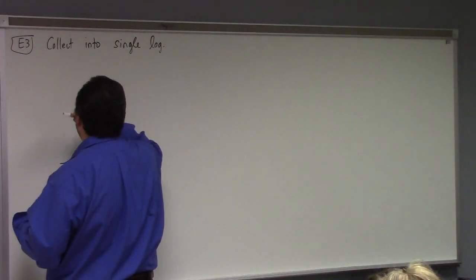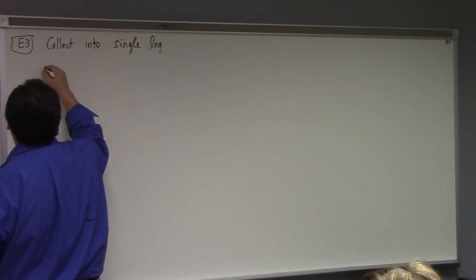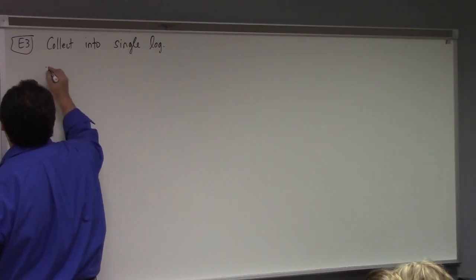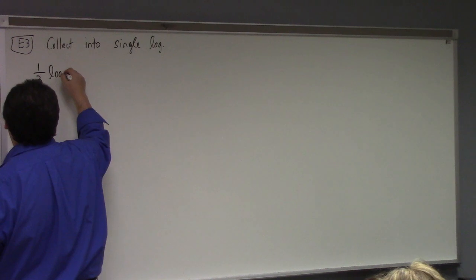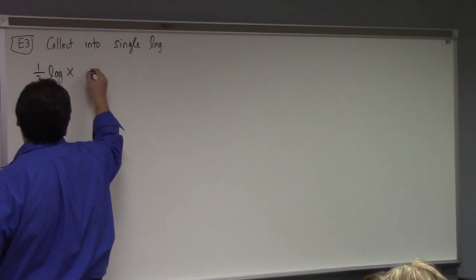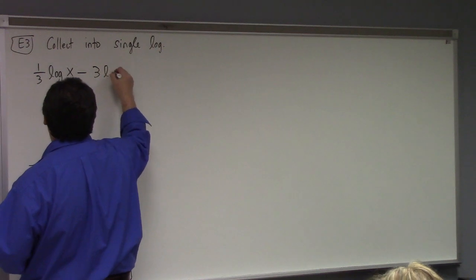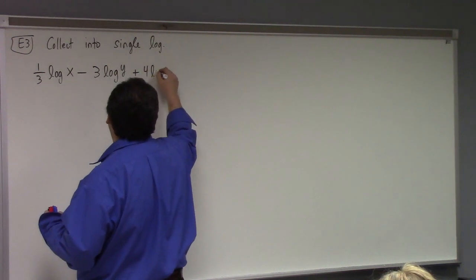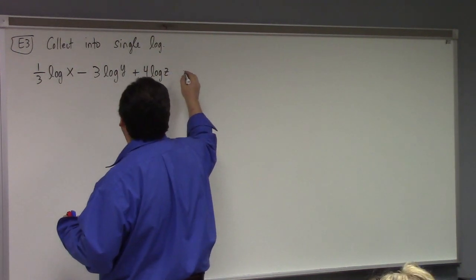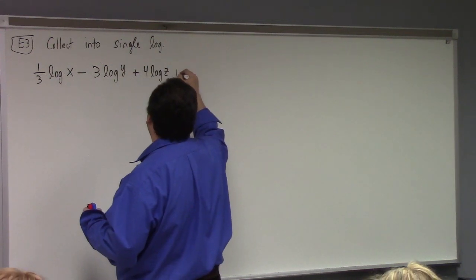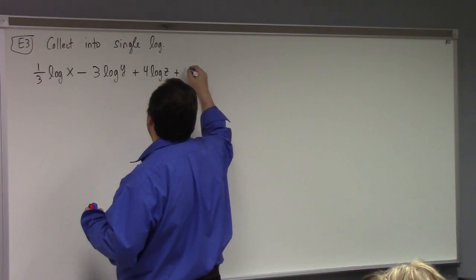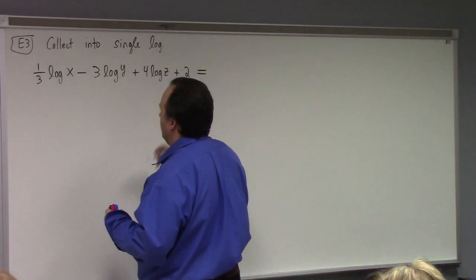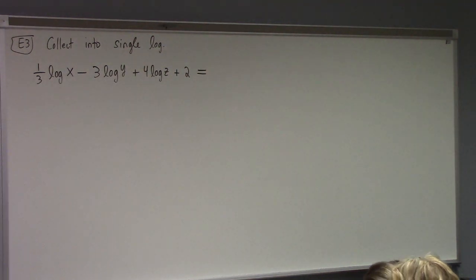And so here, we're going to start with 1/3 the log of x minus 3 log of y plus 4 log of z plus 2. We'd like to write that as a single logarithm. How is that accomplished?